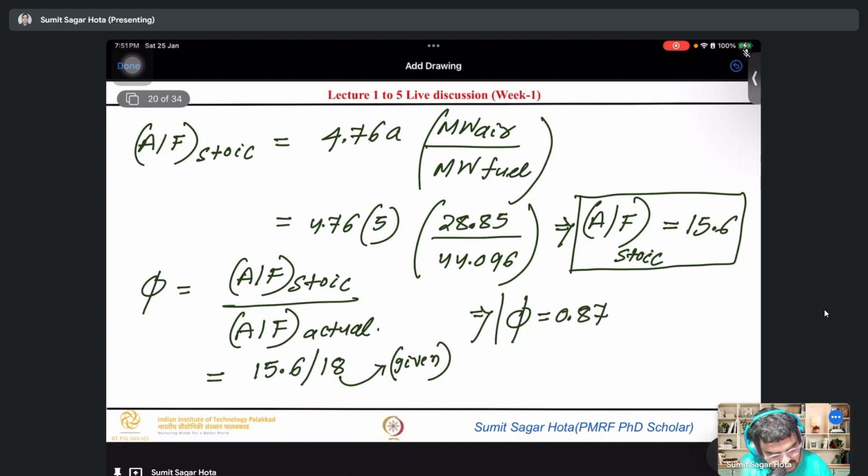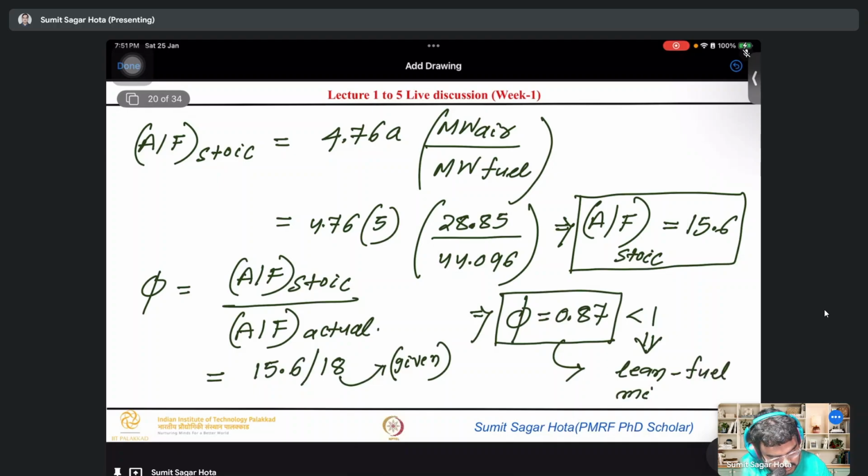By solving, we'll get the phi as 0.87. Okay, and it's less than 1. That means a lean mixture. Lean fuel mixture.